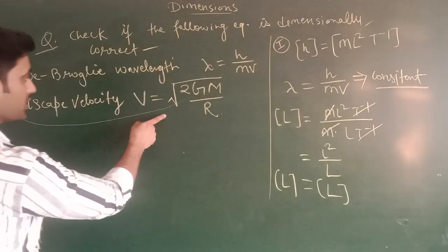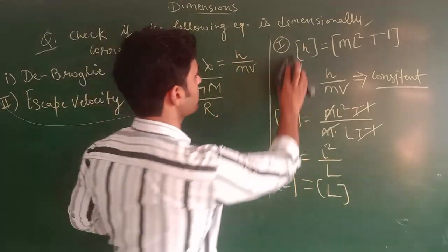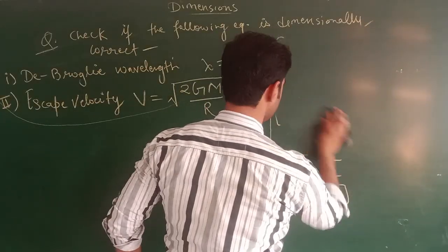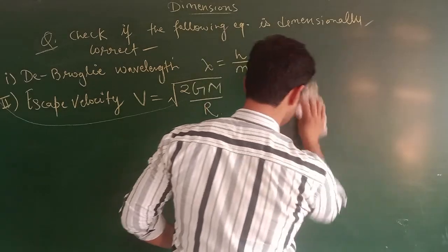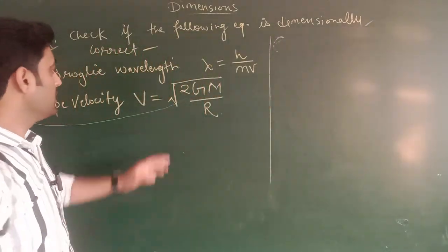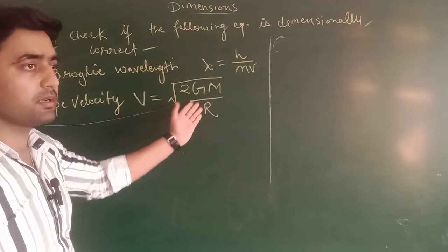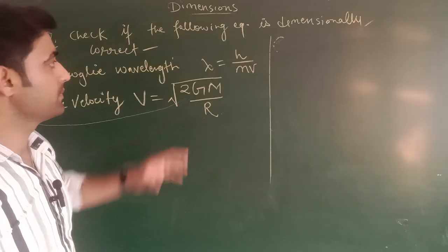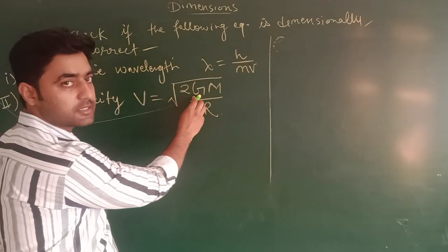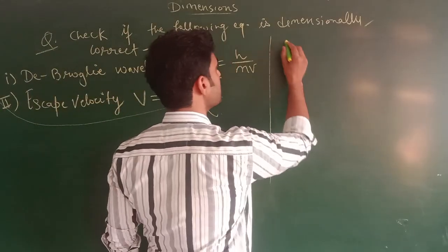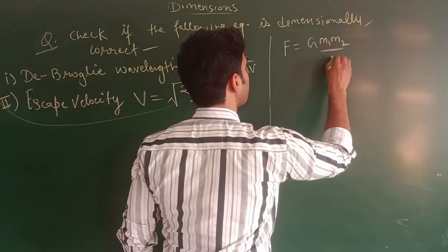Let's solve this second equation. Again the same funda, that we will have an idea about the dimensional expression of different used terms. So let's find out the dimensional formula of the universal gravitational constant, that is capital G. The basic formula is F equals G times M1 M2 divided by R square.